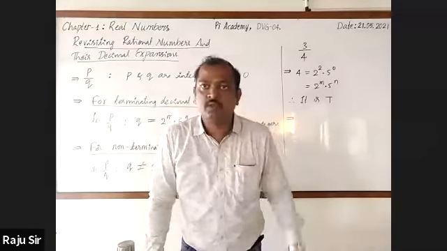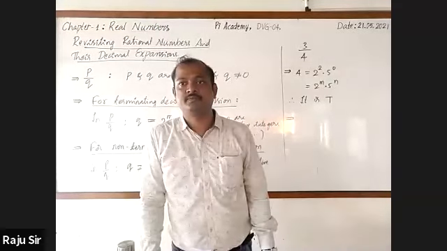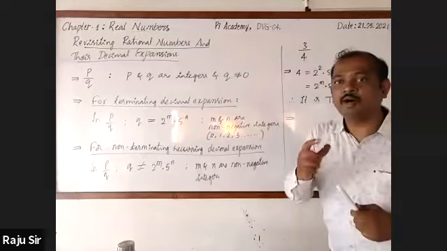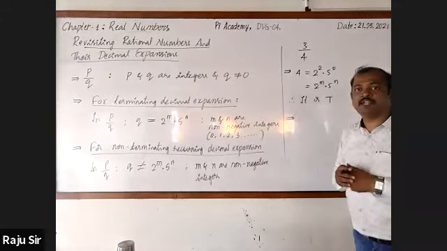If so, how many digits will be there in the decimal part? 2. There will be 2 digits. Then how do you come to know that? Will you go for actual division? No, sir. It is the exponential form.